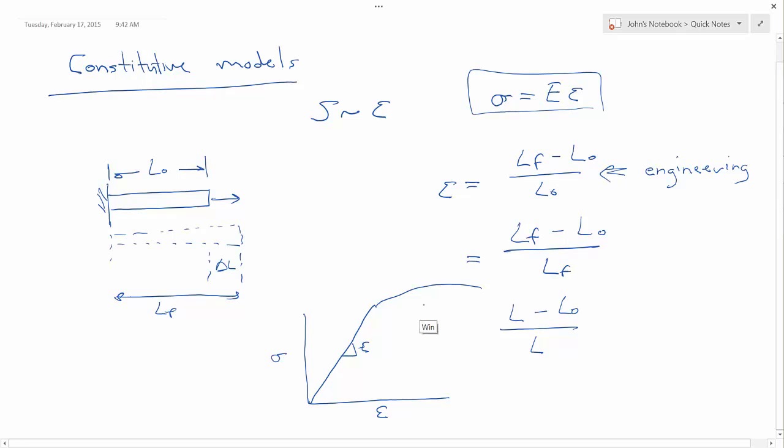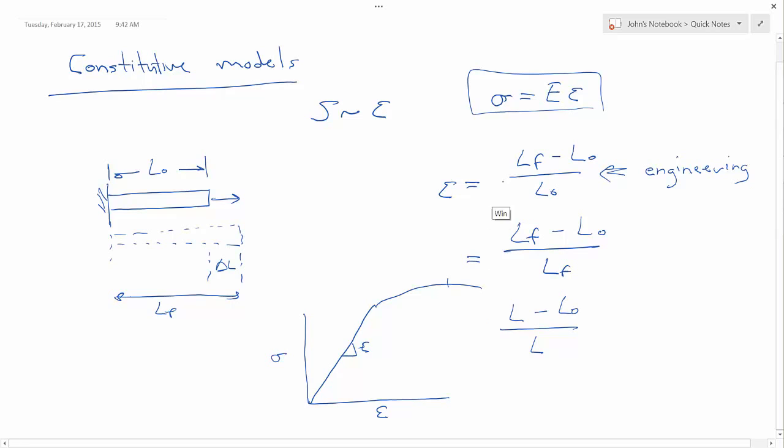And it's really important. For very small strains, all these definitions of strain are very close to one another, and it's not a big deal. But when you have very large strains, it's really important.